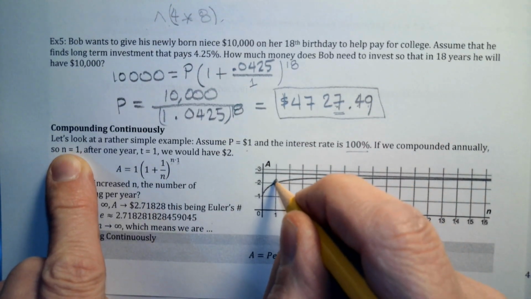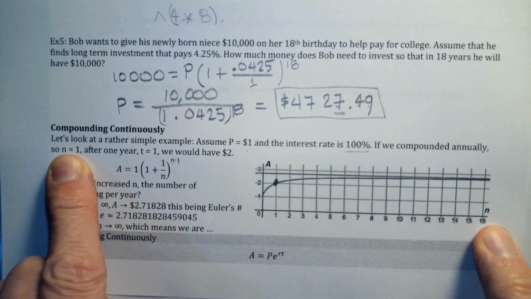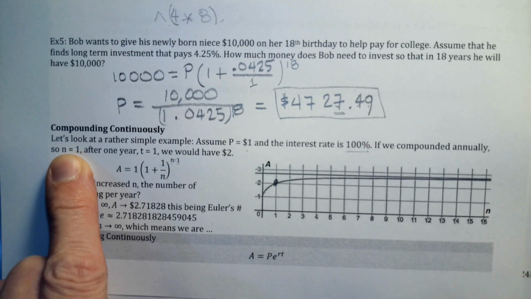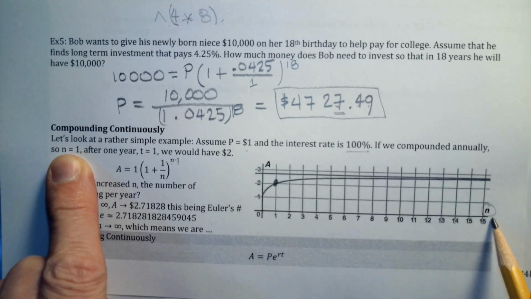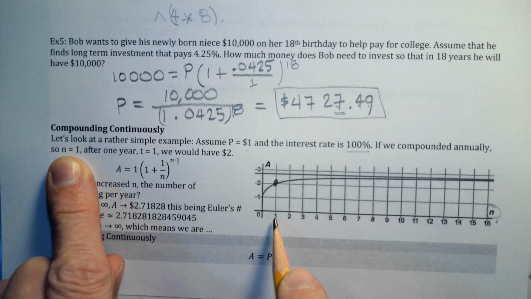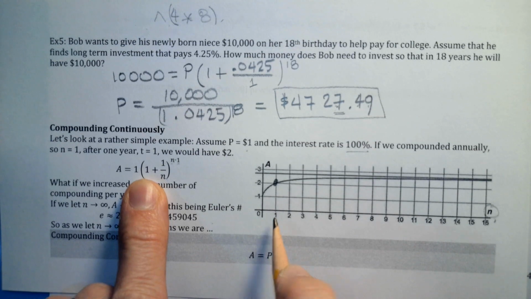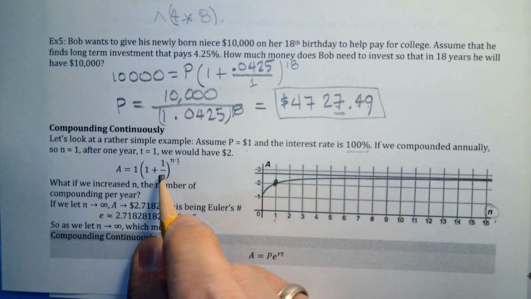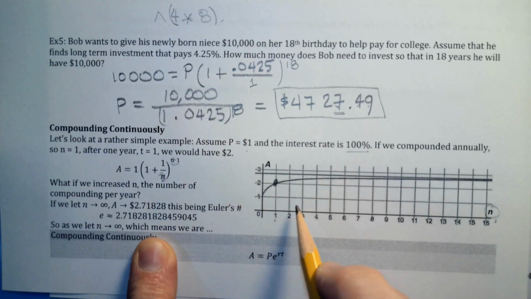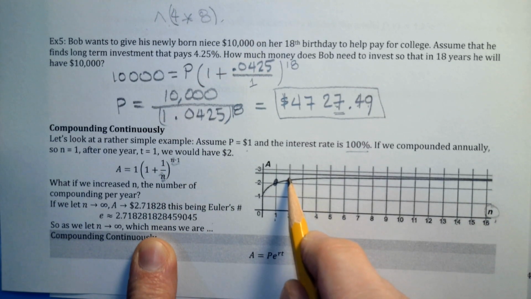This graph demonstrates not time, not years here, but the number of compounding periods per year. If we compound once at the end of the year, then you would have $2. If we were to make this a 2, so now we're here, you would see you've got a little bit more.